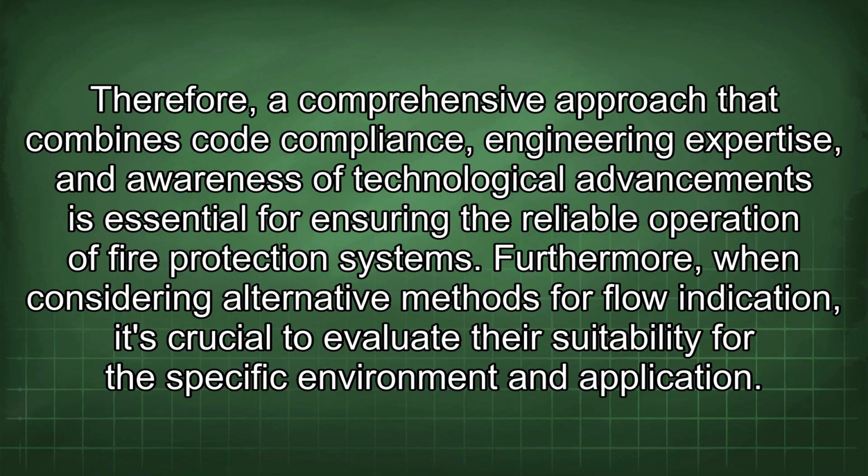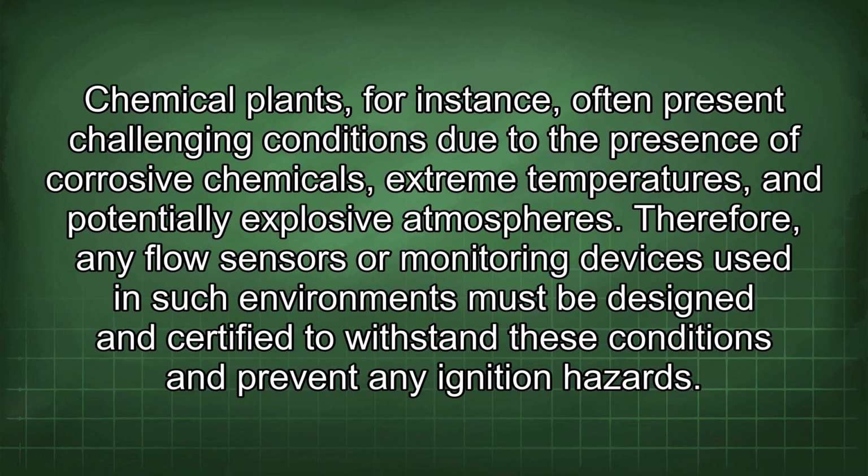Furthermore, when considering alternative methods for flow indication, it's crucial to evaluate their suitability for the specific environment and application. Chemical plants, for instance, often present challenging conditions due to the presence of corrosive chemicals, extreme temperatures, and potentially explosive atmospheres.